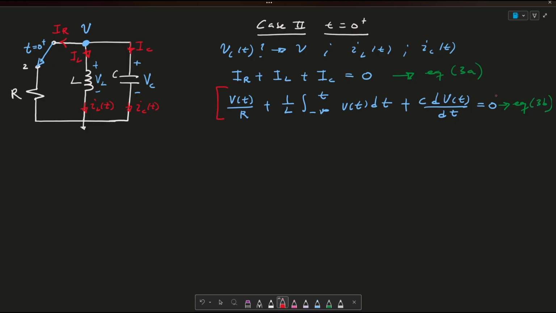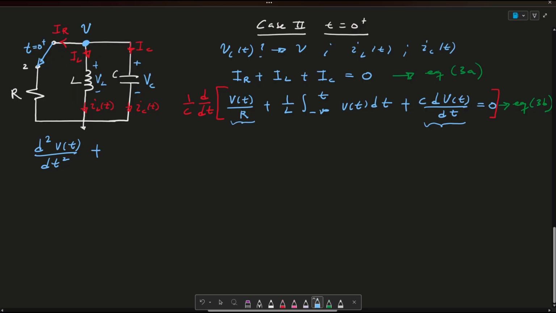If I multiply this entire equation by 1 over C d over dt, I can write this term first and say that this is d squared V(t) over dt squared, plus, for this first term here, 1 over RC dV(t) over dt, plus, for this term here, I get 1 over LC.